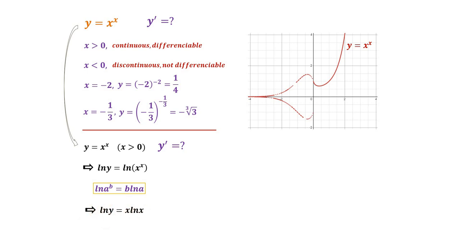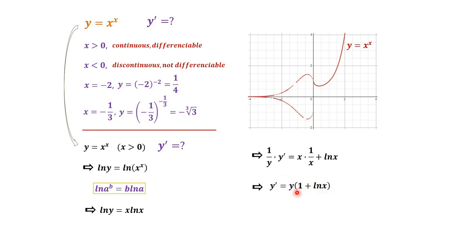The left side differentiates to 1/y times the derivative of y, and the right side is x times 1/x plus ln x. So we make an arrangement, then we have the derivative of y is equal to y times 1 plus ln x.